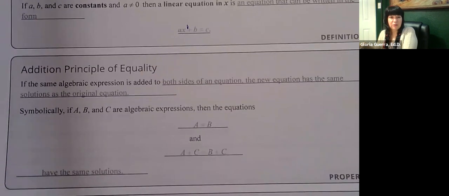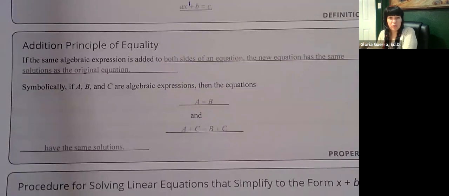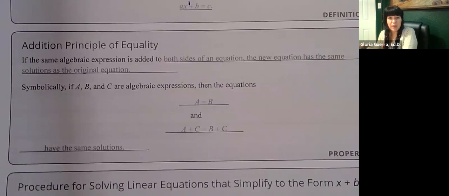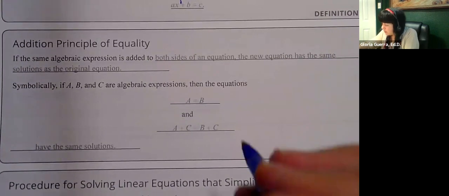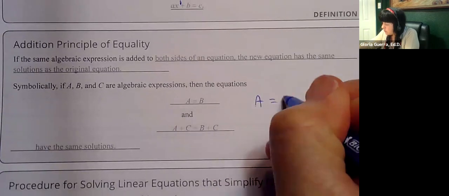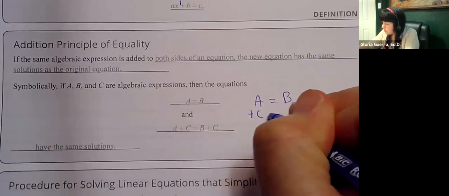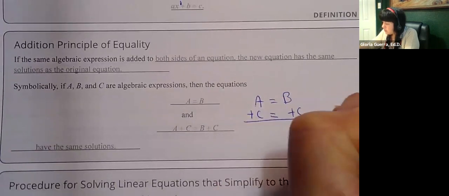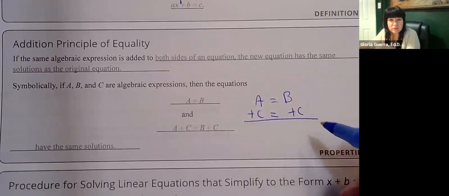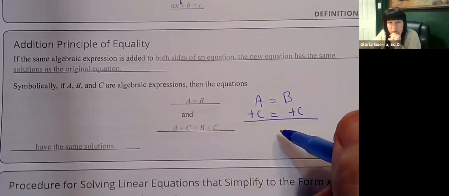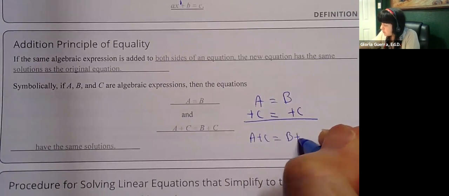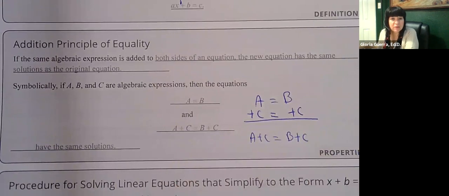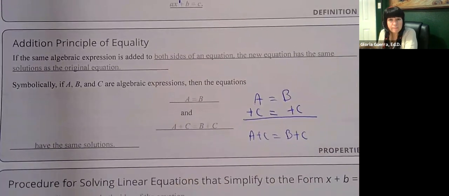Symbolically, if a, b, and c are algebraic expressions, then the equations a equals b and a plus c equals b plus c. So if you have a equals b, which you do to one side, you add c, then you do the other side, you'd add c on both sides is what they're saying. So then you'd have a plus c equals b plus c. That's kind of what they're doing there. They have the same solutions. Okay.